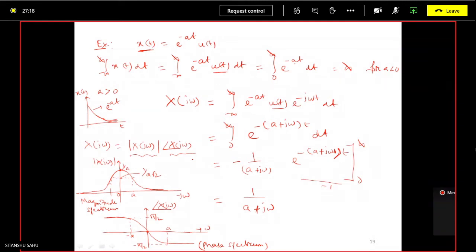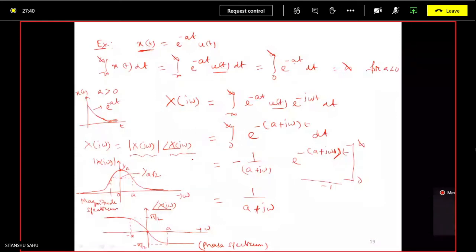If you don't have any query on that, I understand that you all properly understand the Fourier representation. This is all about the Fourier representation of different kinds of signals, whether periodic or non-periodic, continuous or discrete time.